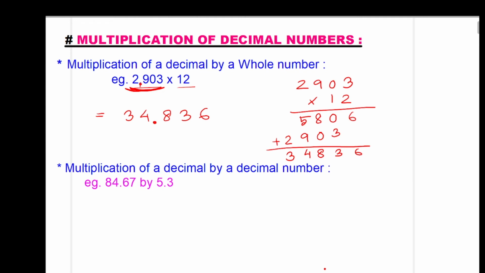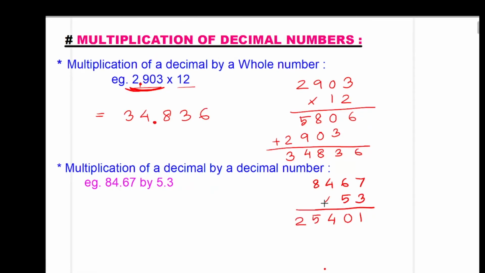Okay, next, multiplication of a decimal by a decimal number. Here also, without considering the decimal point, you just multiply the numbers, 53. Then what will you get? It will be 10452.